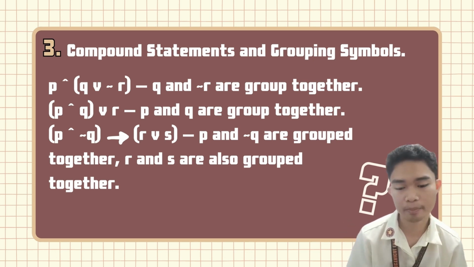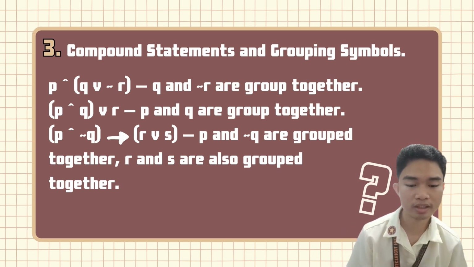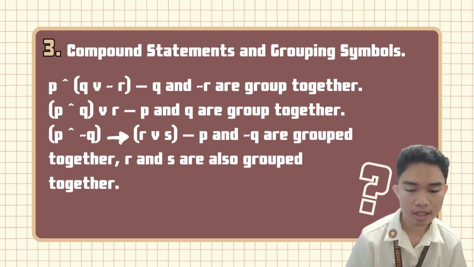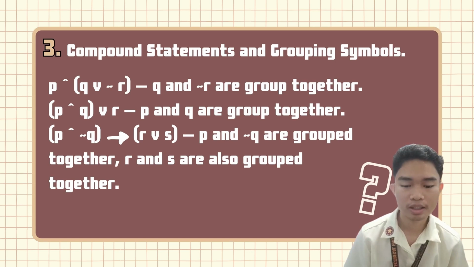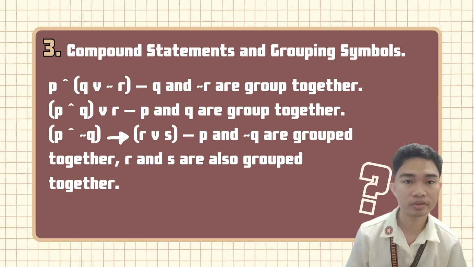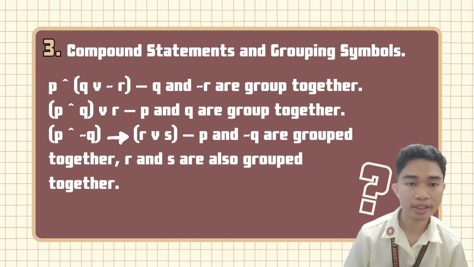You can see in that example that our Q and not R are grouped together. And in the next example, you can see that P and Q are grouped together. And in the last example, you can see that P and not Q are grouped together and also R and S are grouped together. They are grouped by braces.